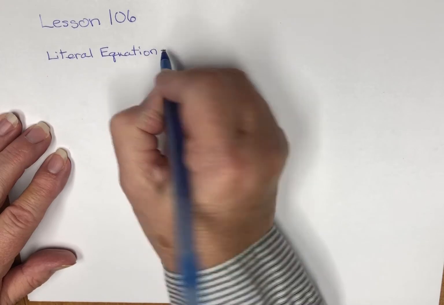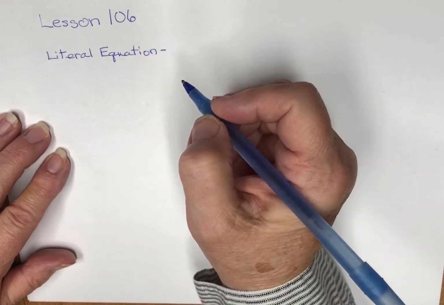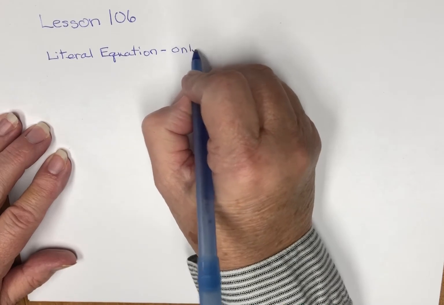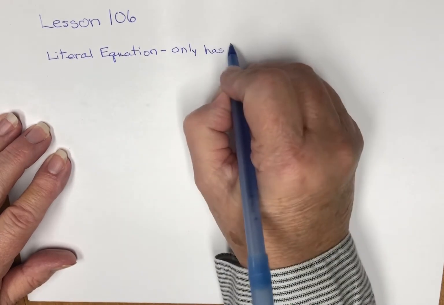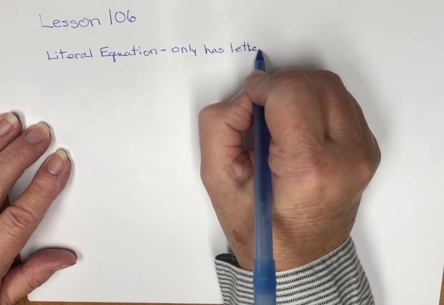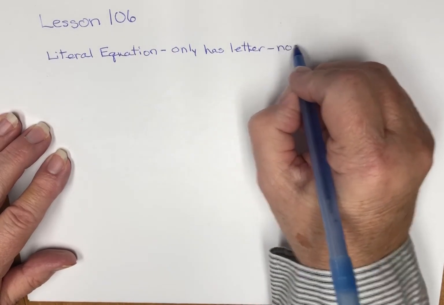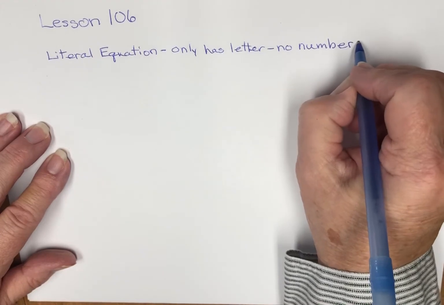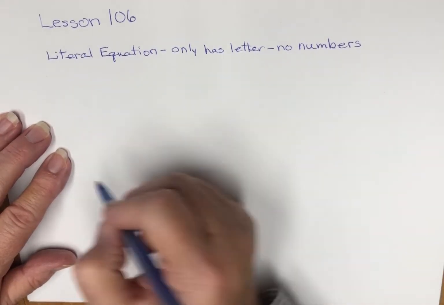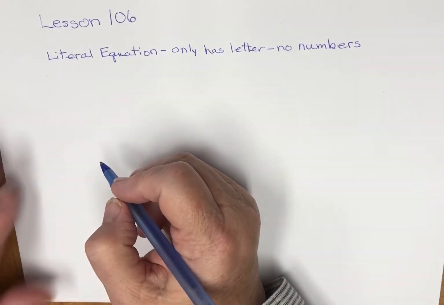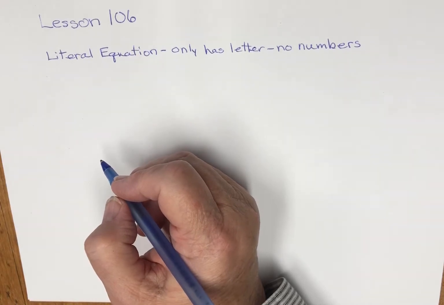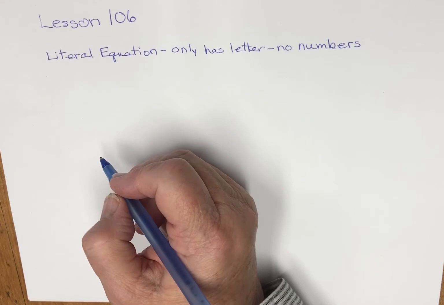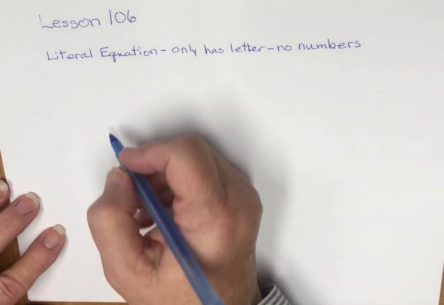That is an equation that only contains letters, no numbers. Now, we actually deal with these types of equations exactly like we deal with the equations we've been working with all along. So we're really not doing anything different. We're just having to deal with letters.